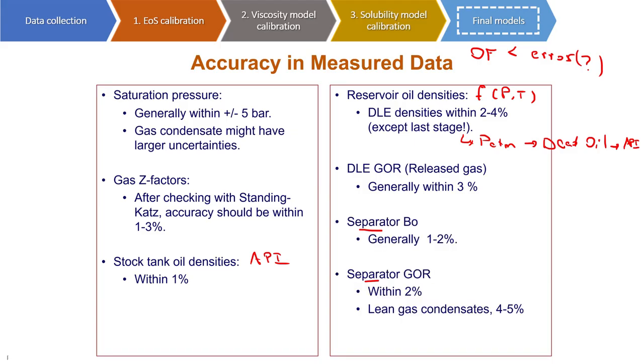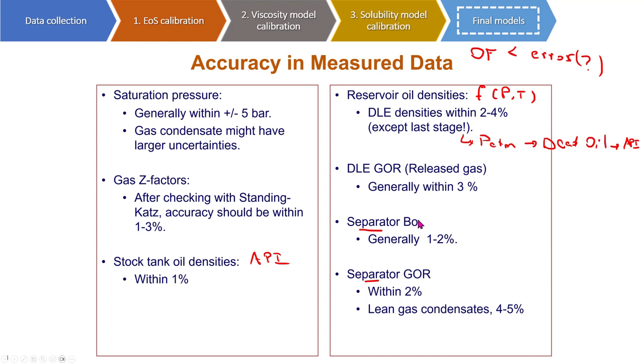This table is to guide you. Please save this table and refer to it every time you need to check the level of accuracy you can pursue to assume that you calibrated your equation of state according to a specific property.